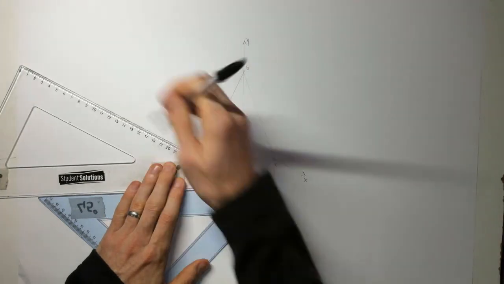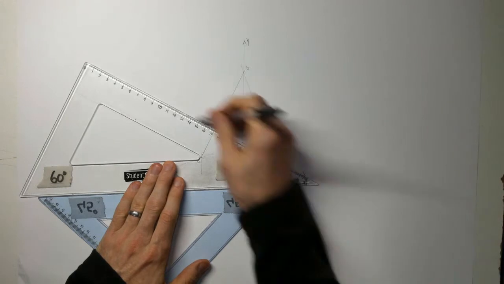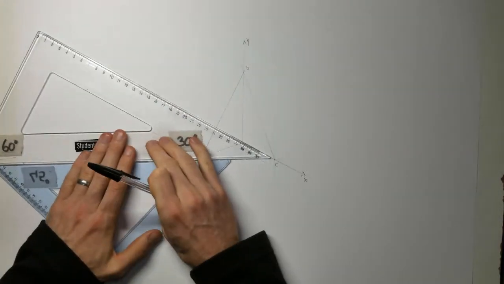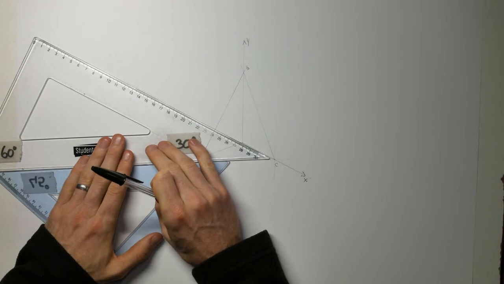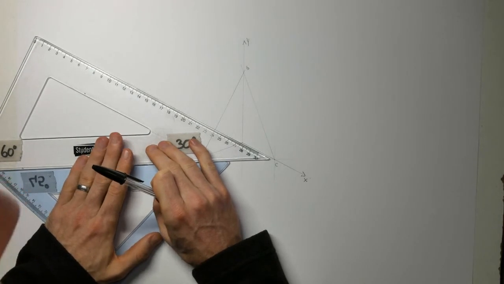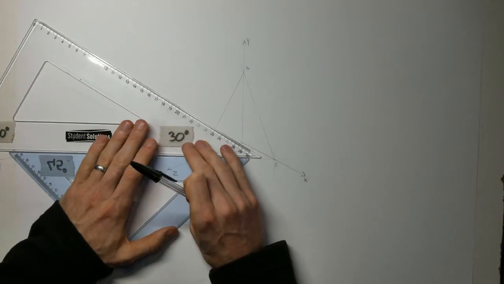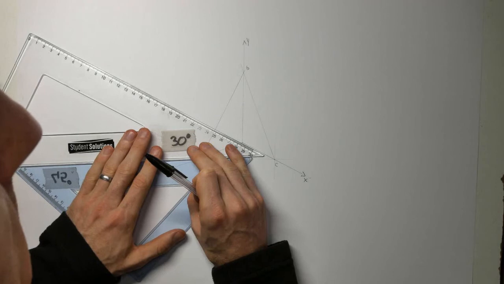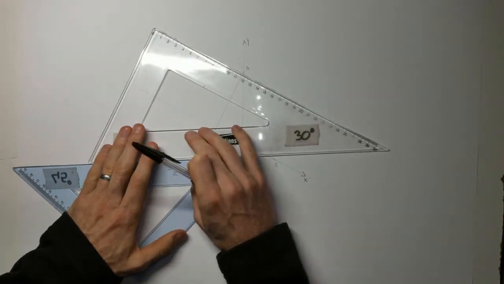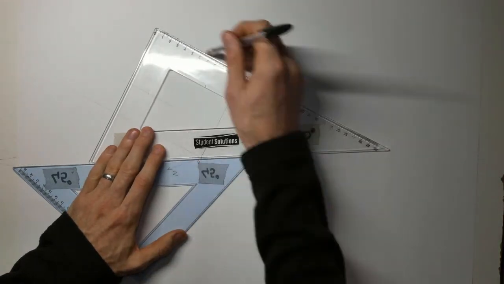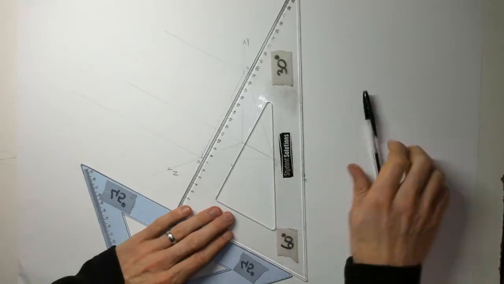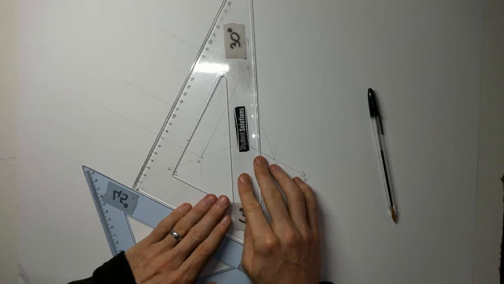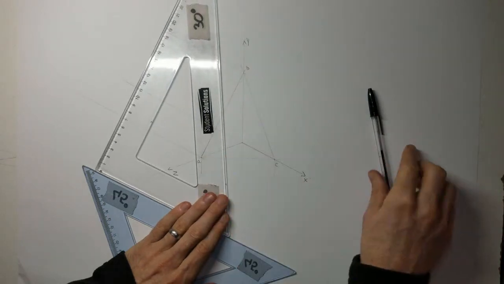Project out all these in the direction of axis X, making sure I'm doing this accurately, and parallel to my scaling triangle.